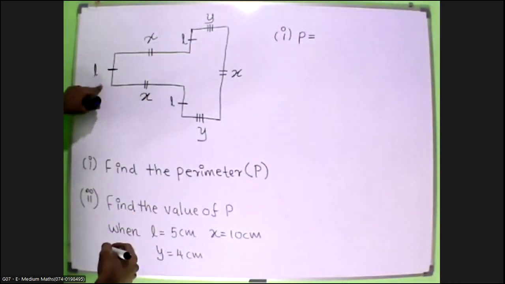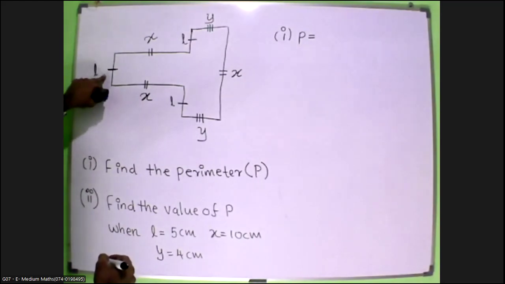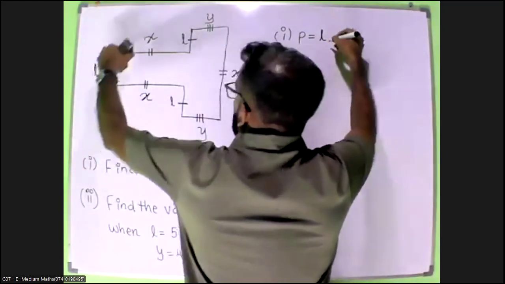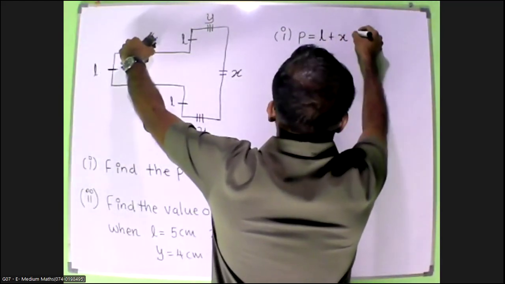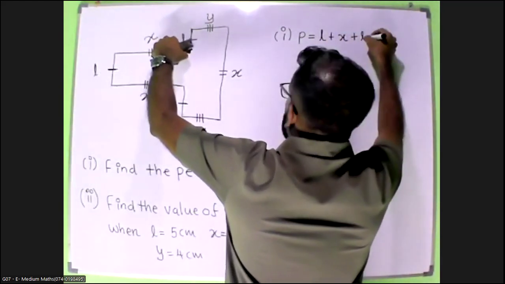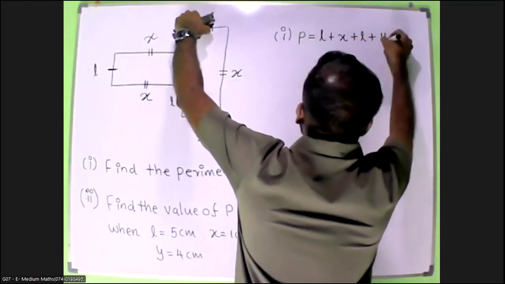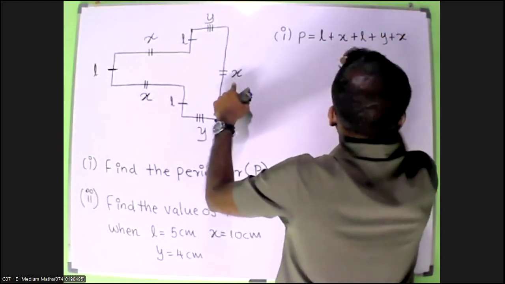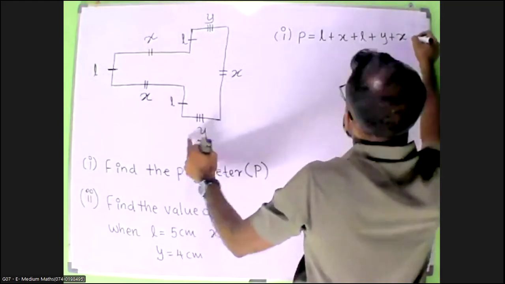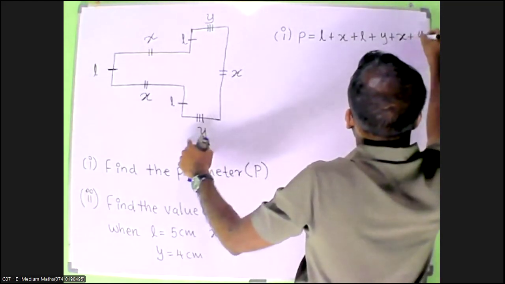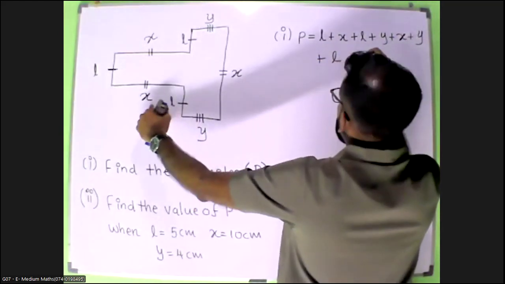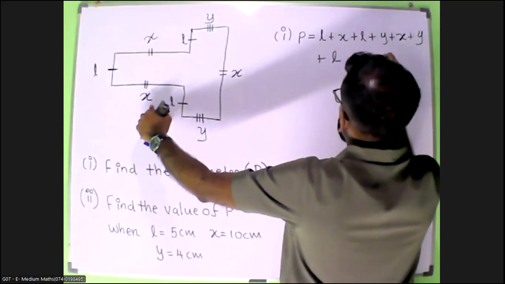I will begin from this one, L. I have L plus X plus L plus Y plus X, then plus Y again, then plus L plus X. Okay.